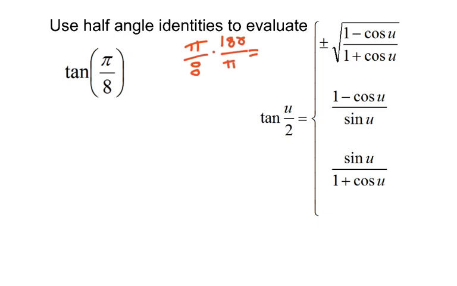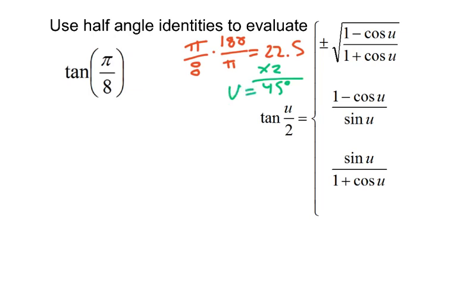The pi's cancel, leaving us with 22.5. And so 22.5 doubled is 45, so we're looking at 45 degrees for the u value.